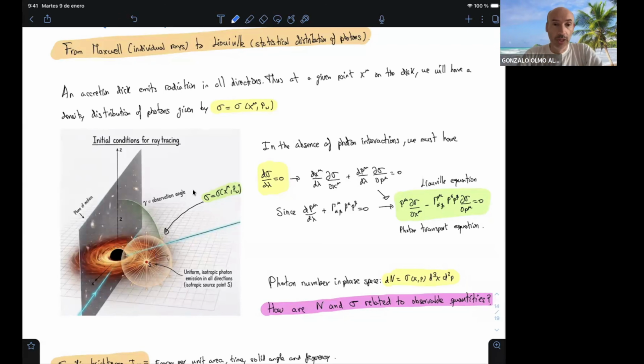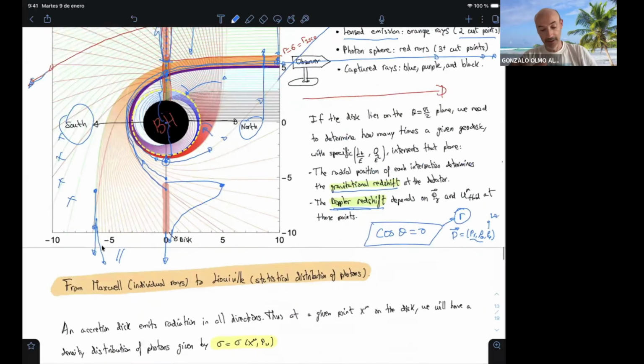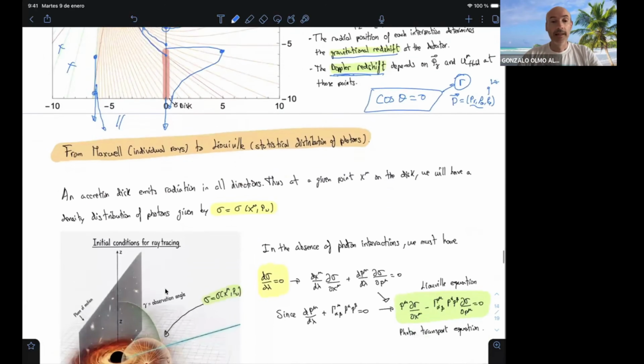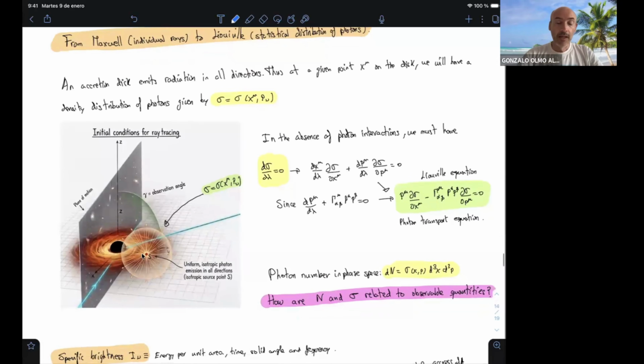Very good. So the density distribution of photons depends on the specific point where you are, because different points will have different intensities. This is illustrated here. So the maximum intensity is near the ISCO, and then it decays, okay? And the distribution of photons depends on the position, but also on the momentum of the photons, okay?